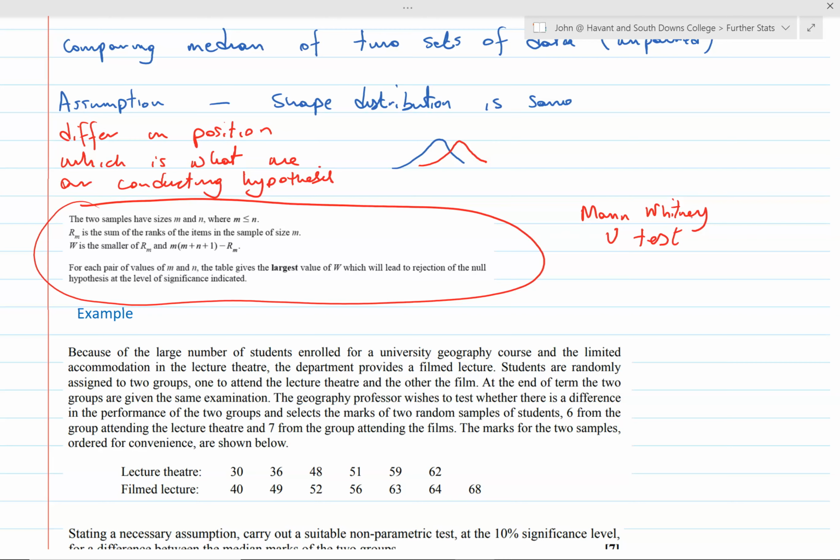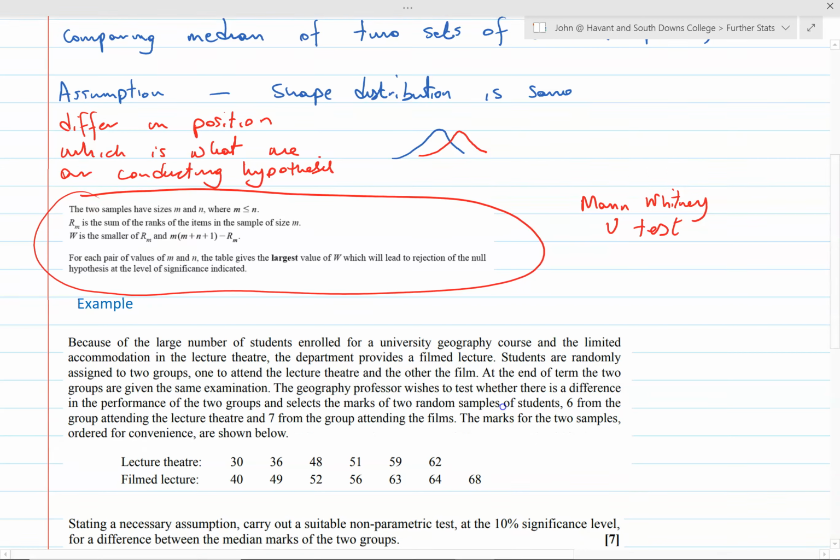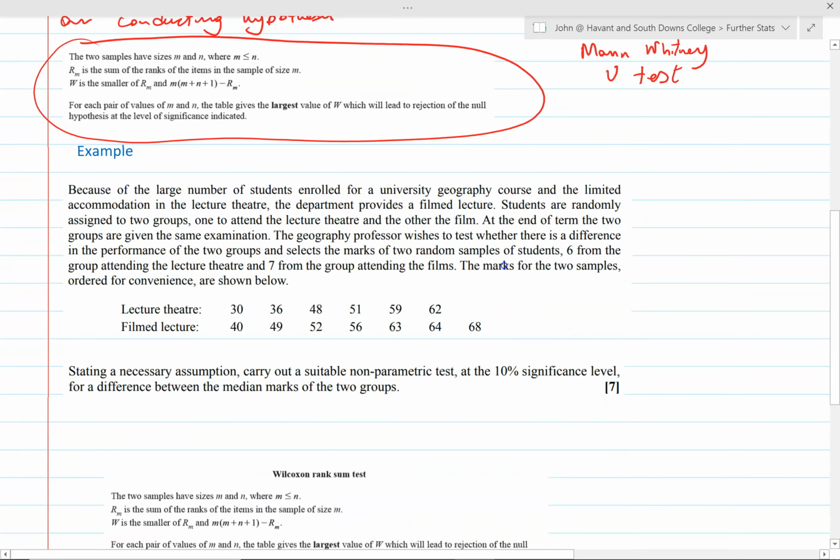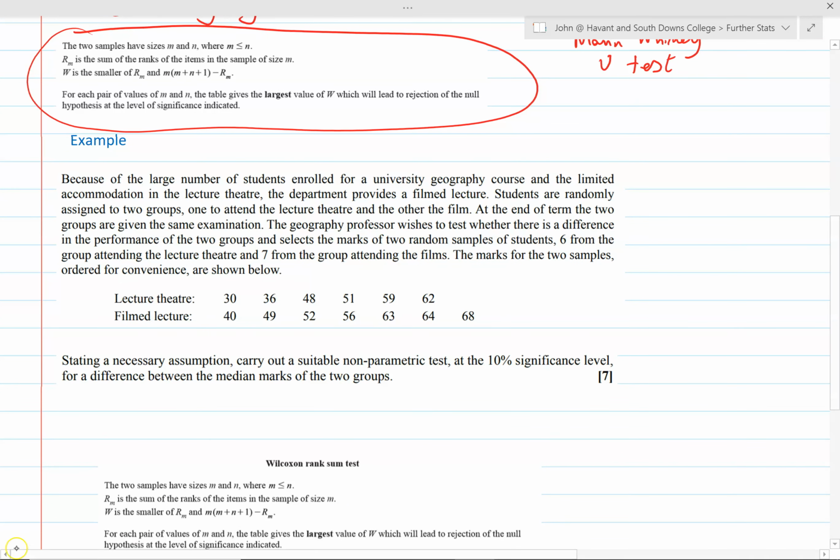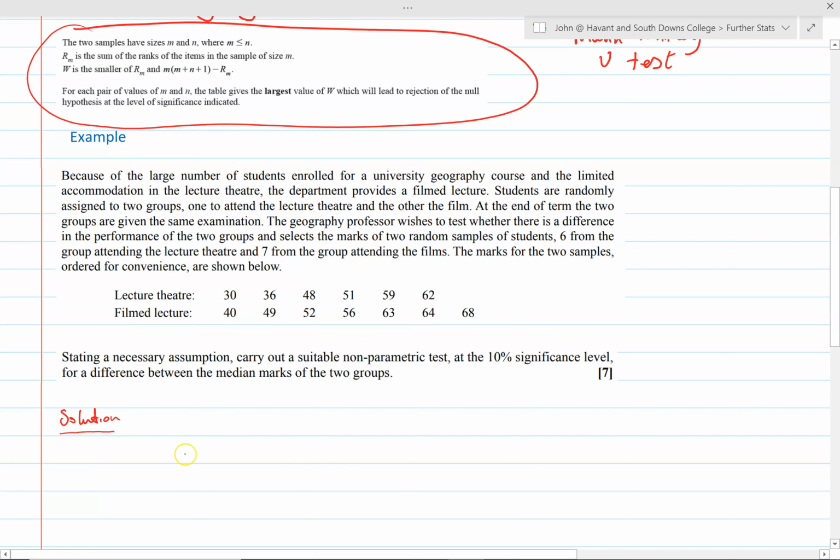Right, so let's do this example. We've got the crib sheet above. So let's write out our null hypothesis, that they're basically the same: the median of both sets of students is the same.